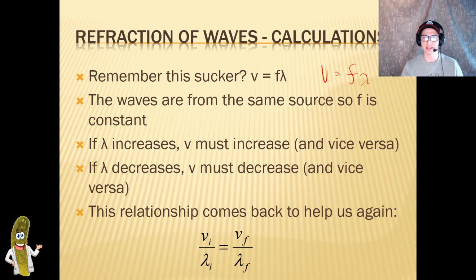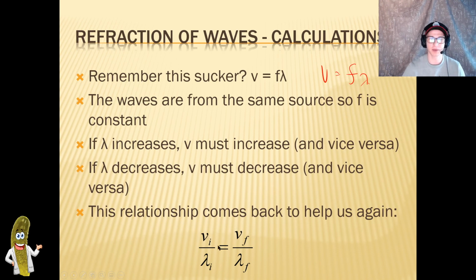So their velocity is really high and their wavelength is really high, but the actual frequency of them remains lower. If you go further and further back into the wave pool, the wavelength is decreasing, and as such, the velocity of those waves is also decreasing. So you're getting hit with more waves, but they're going slower. It's kind of the overall idea.